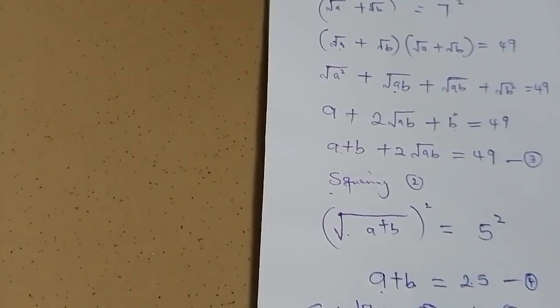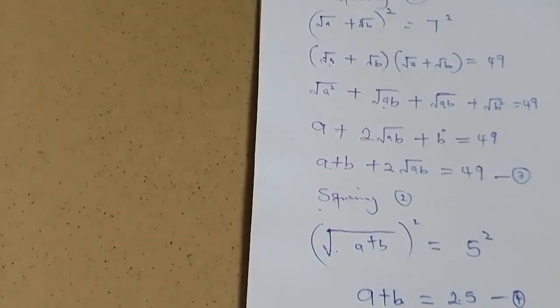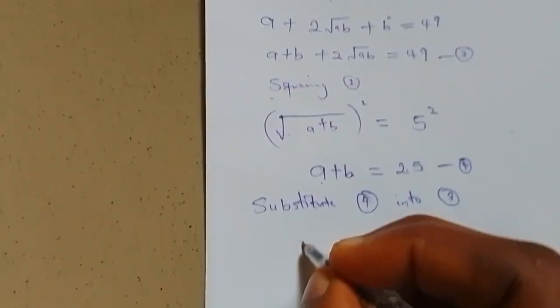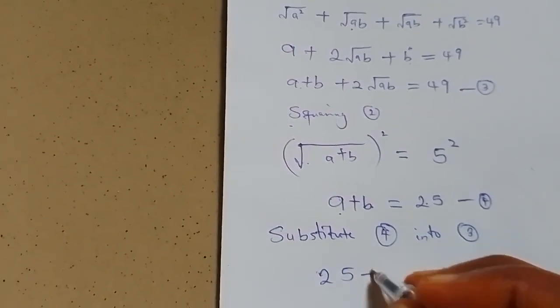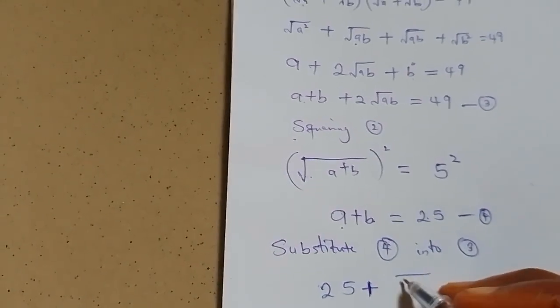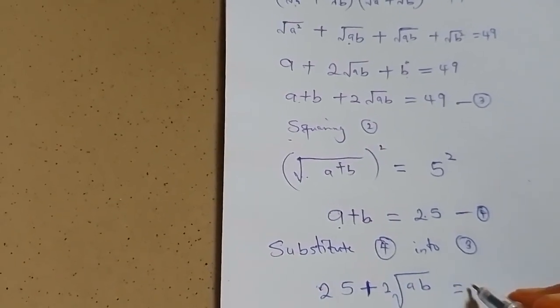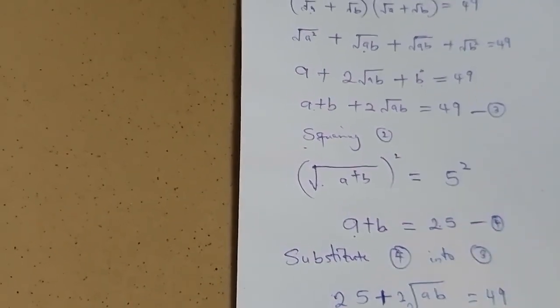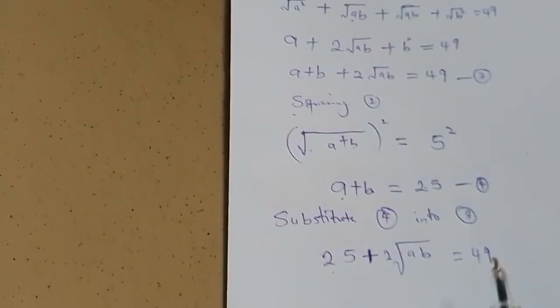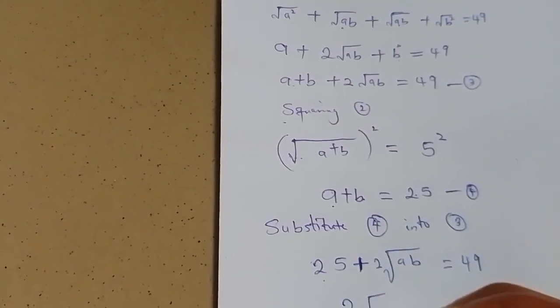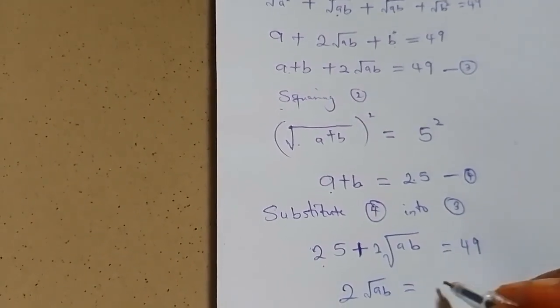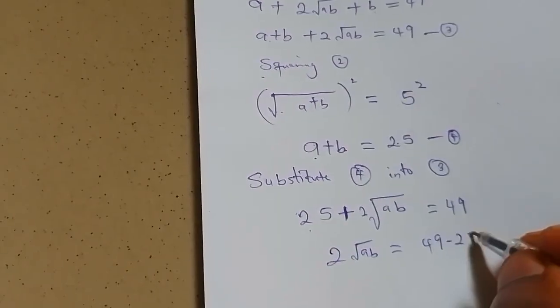That's what it means. Now let's have it. What am I going to have? Since a plus b is now 25, that means I'm having 25 plus 2 root ab equals 49. Now by collecting the direct terms, 25 will come to this side. That means I'm having 2 root ab equals 49 minus 25.